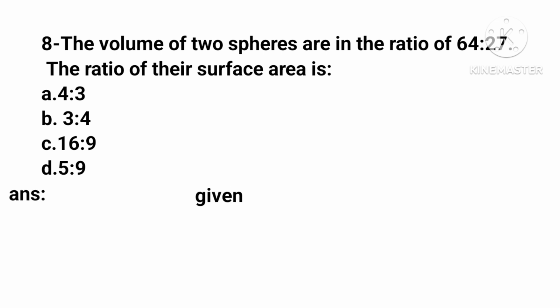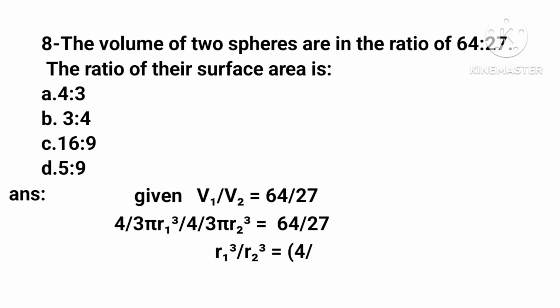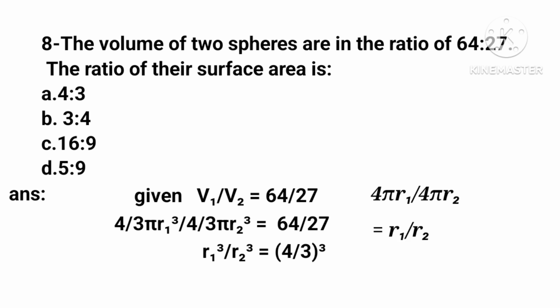Given V1/V2 = 64/27, that is, 4/3 πr1³ / 4/3 πr2³ = 64/27. r1³/r2³ = (4/3)³, hence r1/r2 = 4/3. Hence ratio of their surface area is 4πr1²/4πr2² = r1²/r2² = 16/9. Answer is C.